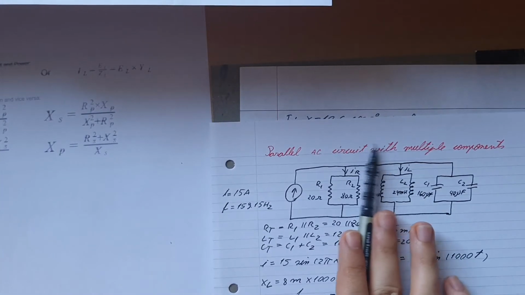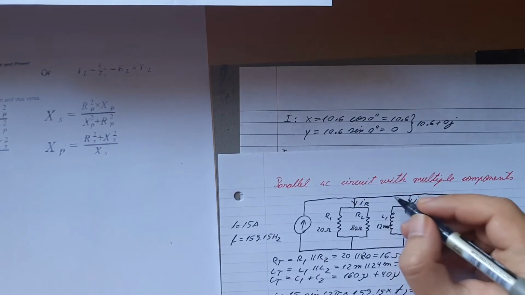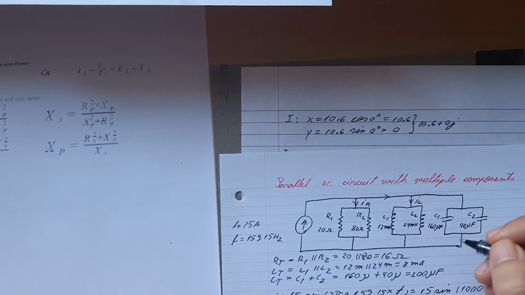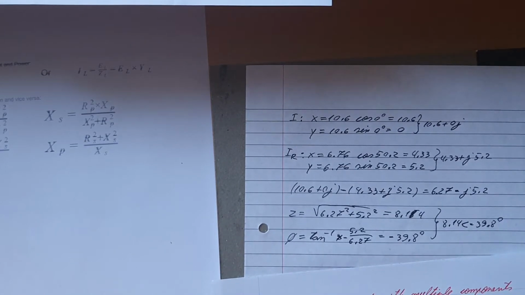So as you saw, we just calculated, we just get rid of this section here, and the current that we got left coming to the inductors and circuits was 8.14 at an angle of minus 39.8 degrees.